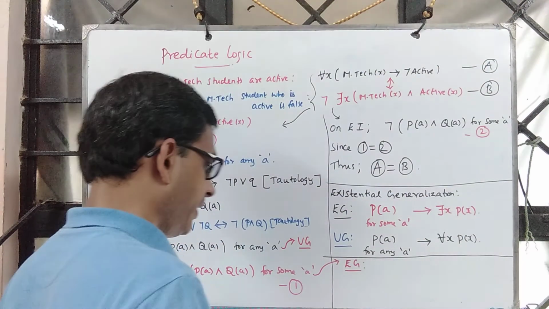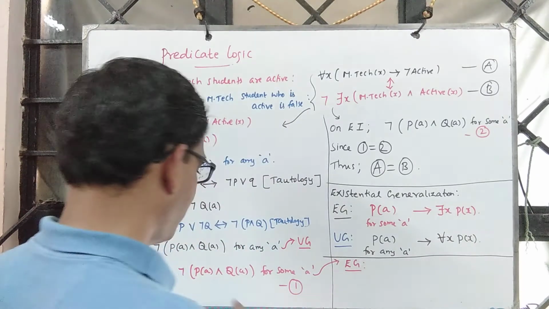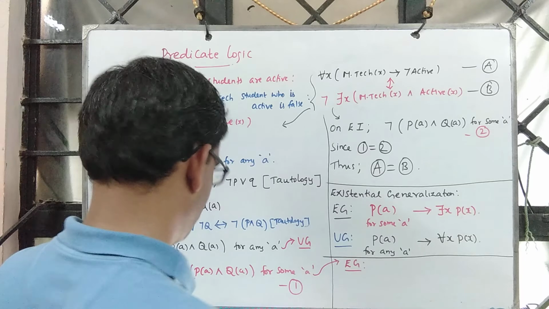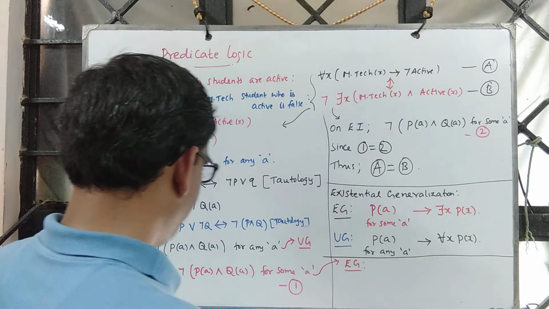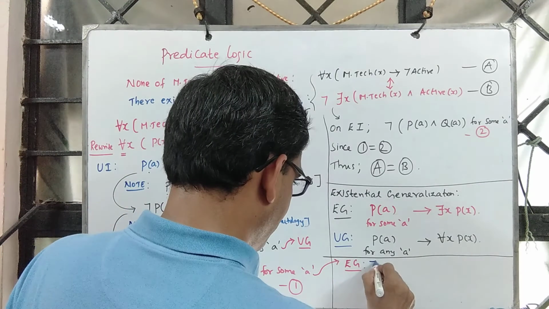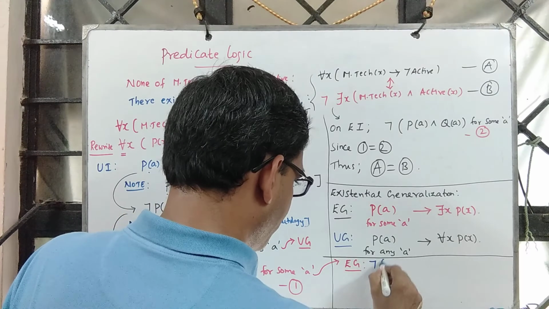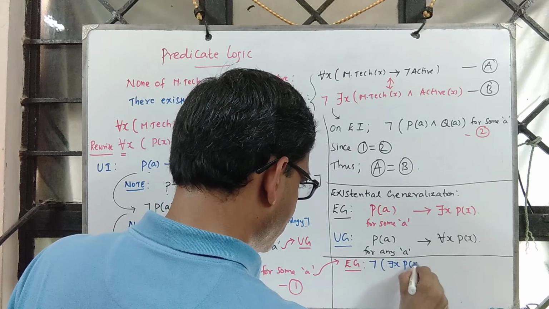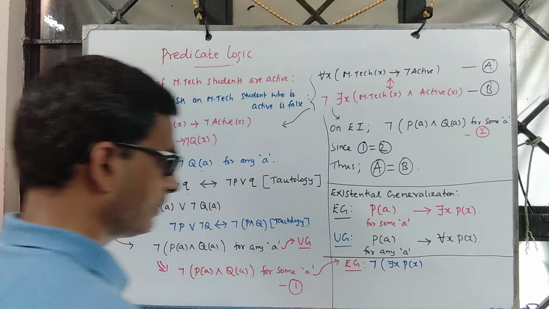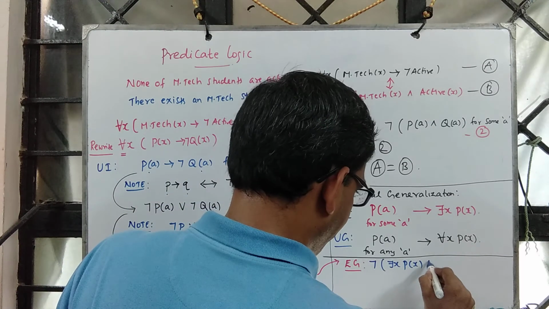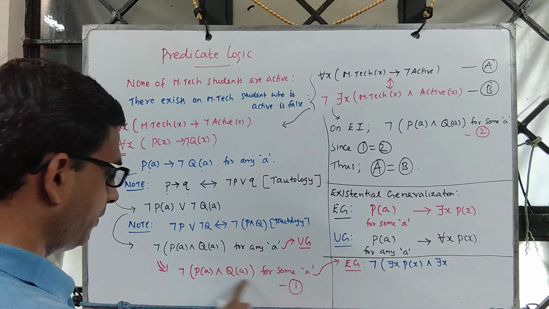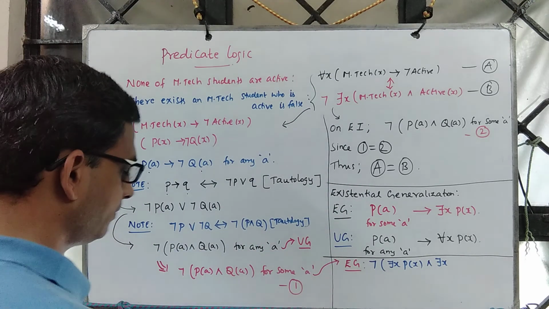So on performing existential generalization, I am going for existential generalization because we want to arrive at this. What do we get? We get negation. Please note, we need to do it separately because the predicates are different. Of course, the variable is the one used in the context, it is the same.